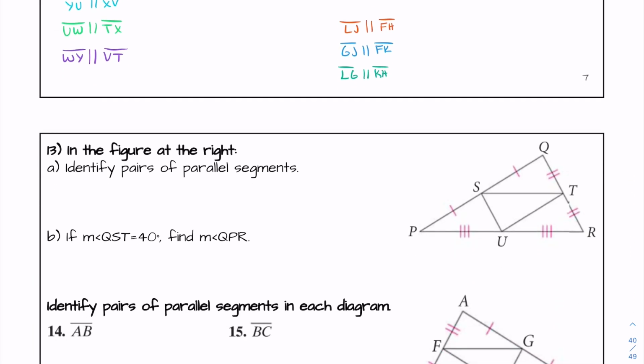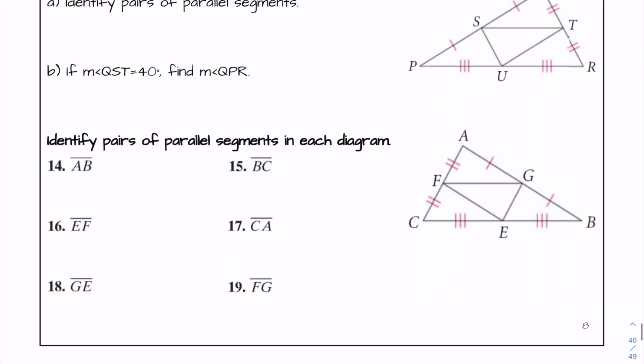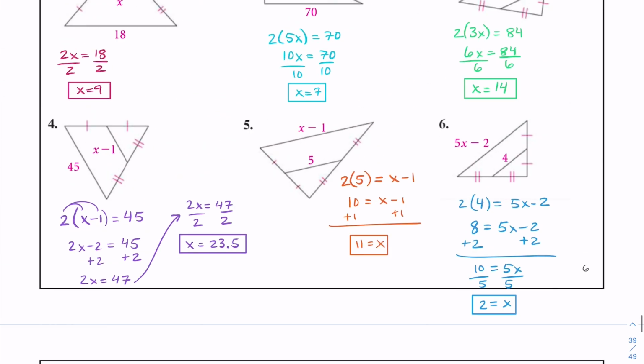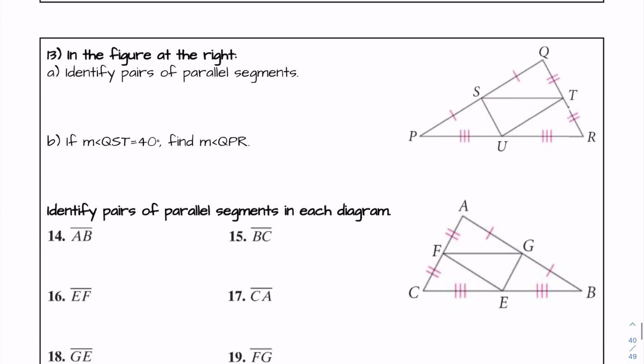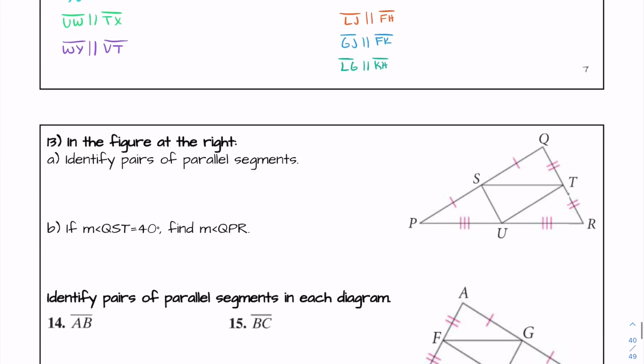All right, number 13. In the figure at the right, identify the pairs of parallel segments. So let's see. How much more do we have? Okay, we'll finish up this last slide and then we'll be done because that was quite a bit. So it's going to be US is parallel to RQ.